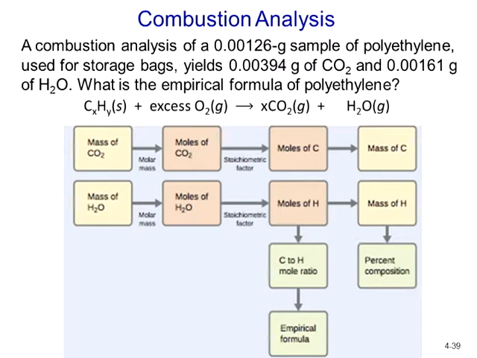Likewise, water mass converts to moles of water, converts to moles of hydrogen, because that's the source of the hydrogen in this experiment, and we can get the mass of hydrogen. We can take the C to H molar ratios, and we can get the empirical formula. We could also take these masses and determine the percent composition. So combustion analysis allows us to determine empirical formulas as well as percent composition.